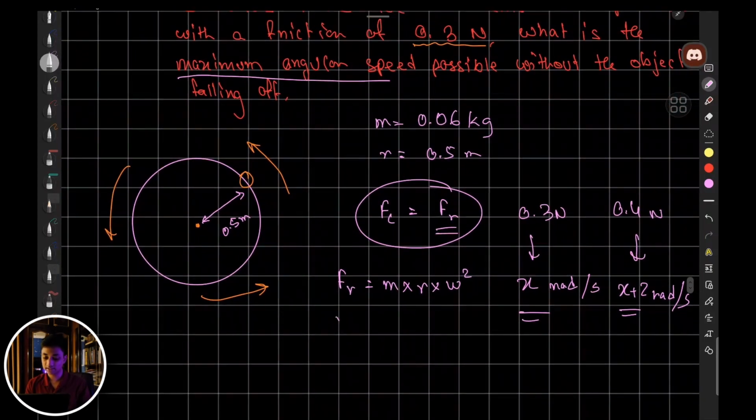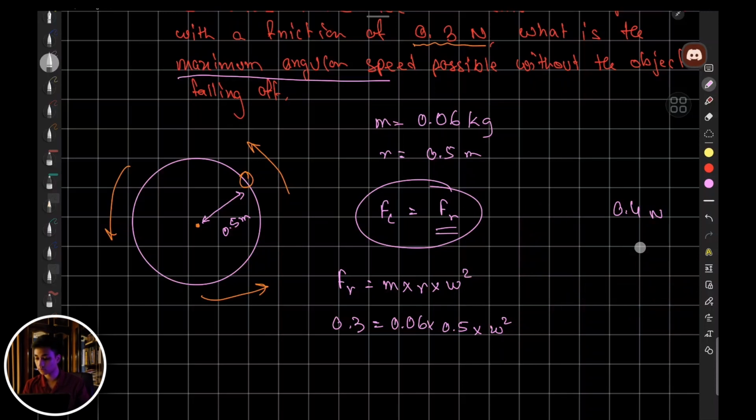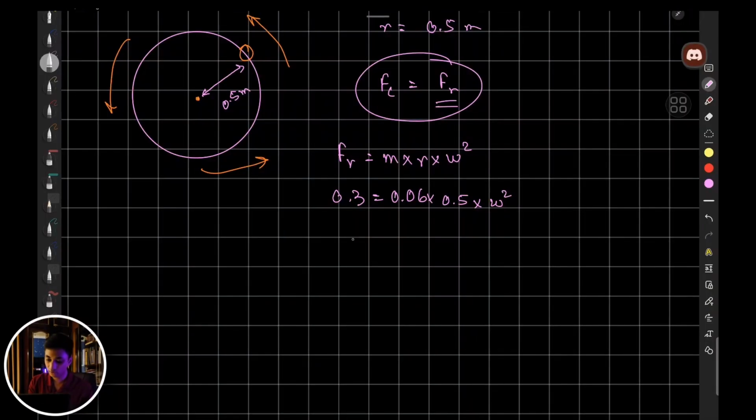The friction is 0.3. We know the mass, which is 0.06. We know the radius, which is 0.5. We're going to figure out the omega. So the value of omega comes out to be root 10 rad per second. Therefore, this is the maximum angular velocity or angular speed that the object can tolerate.